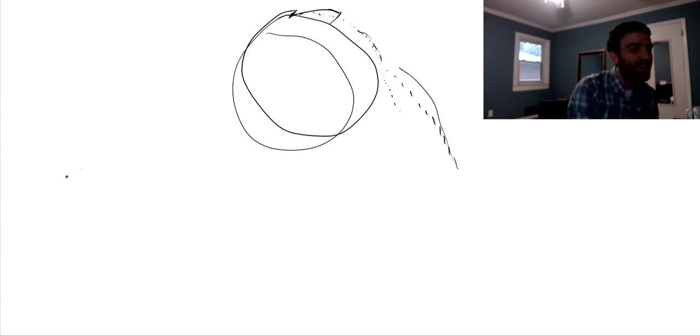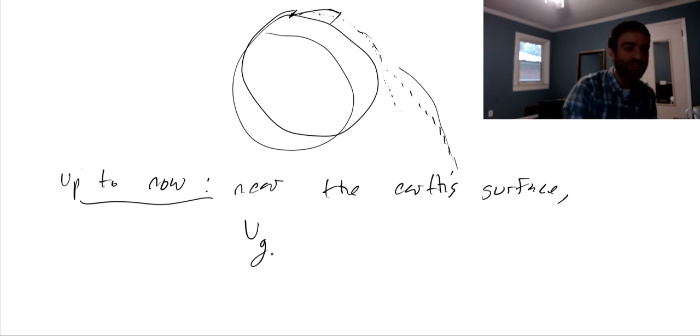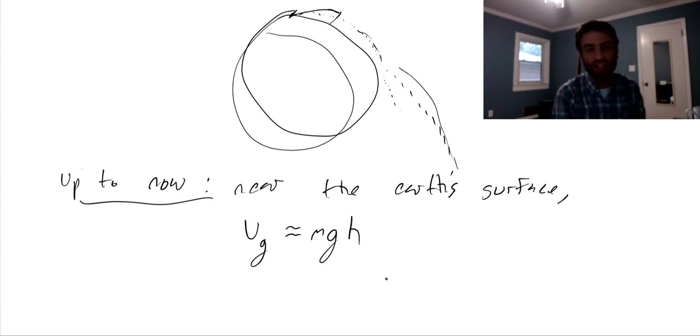So, up to now, near the Earth's surface, we've said stuff like the potential due to gravity, the gravitational potential energy that an object has, is like the mass of that object times the acceleration due to gravity times the height of the object. And we've been pretty casual about what we mean by height.